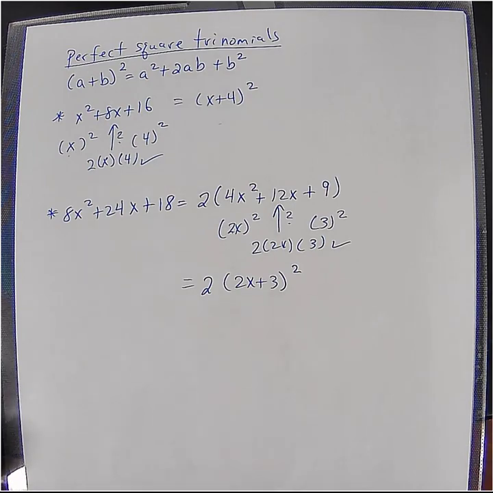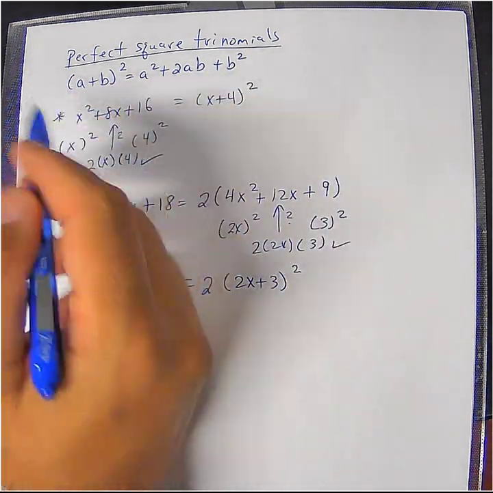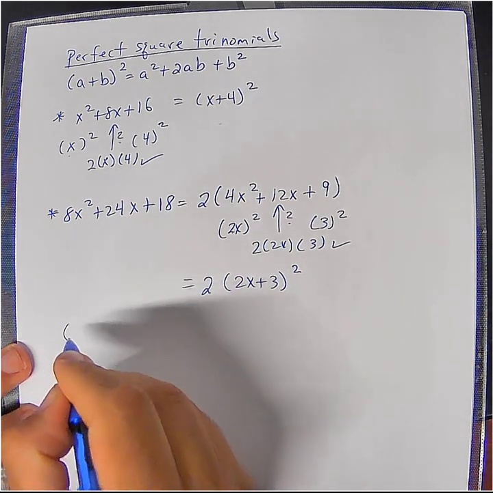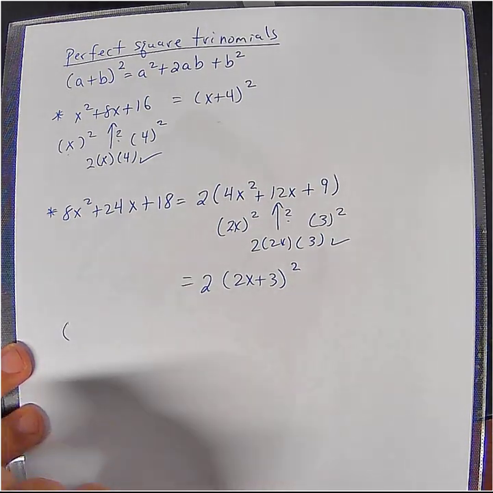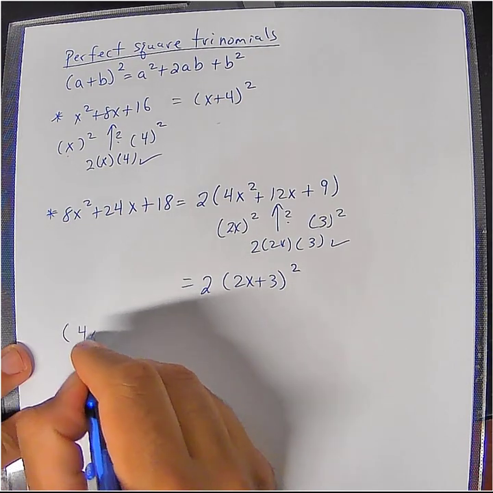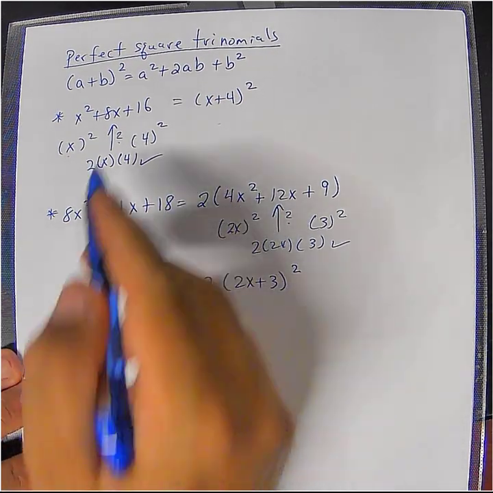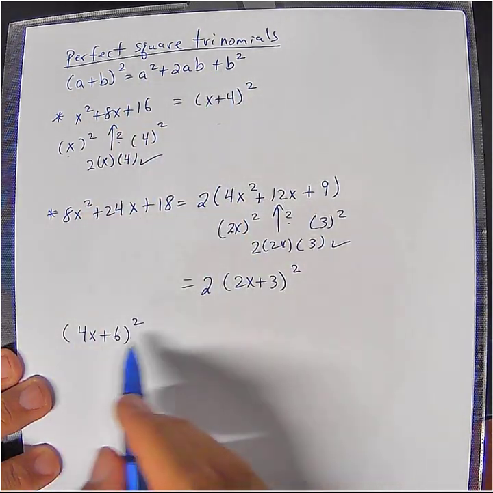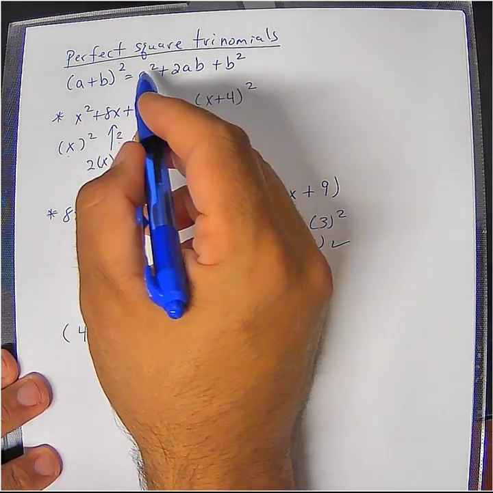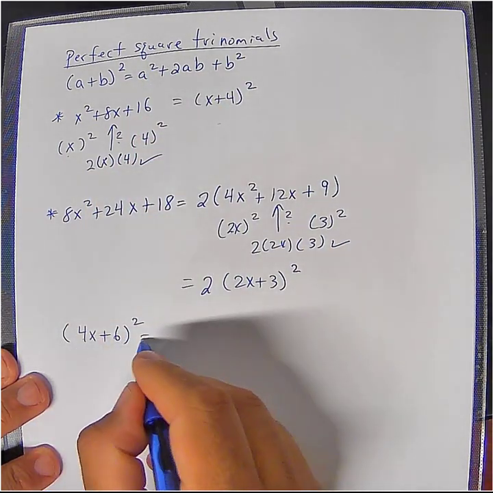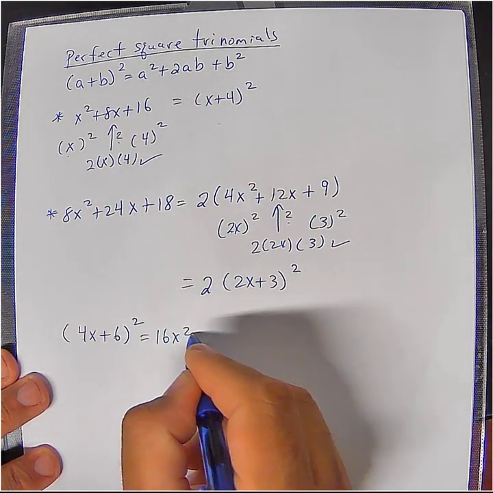And now the other way around. We went from here to here, now let's go from here to there. And this is simple. Let's do a 4x plus 6 quantity squared. Remember I did this in class and I was doing them in my head? So all you do is you square the first one, so 4x squared, so that gives me 4 times 4, that's 16x squared.